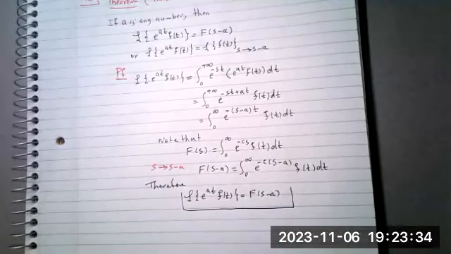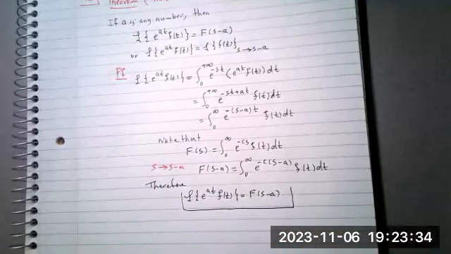So the result is going to be, as we talked about, F of s, and s goes to s minus a. So it's going to be the Laplace of the function, which is t cubed. When you find it, the function will be a function of s, but you're going to change the s into the s minus 5. F of s minus 5. Any question?